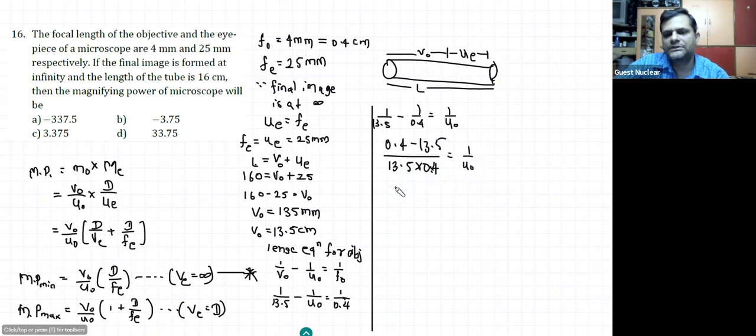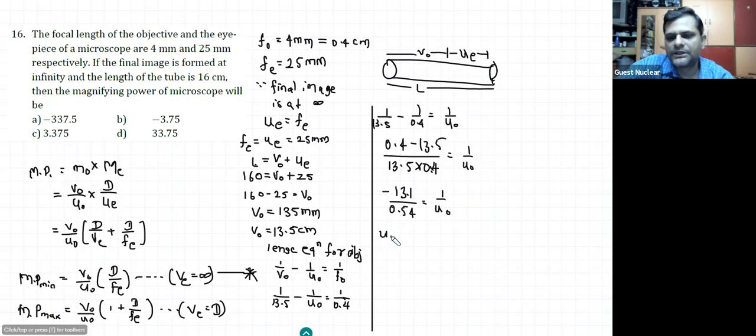So here it is going to be minus of 13.5 minus 0.4, how much is that? 13.1 it becomes, right? So this is 13.1 upon what is the product here, 13.5 into 0.4. So 13 fours are 52 plus 2 extra, so it becomes 54. But the decimal point must be 2 digits to the left side. So 0.54 will be there. 0.54, and that is going to be equal to 1 upon UO.